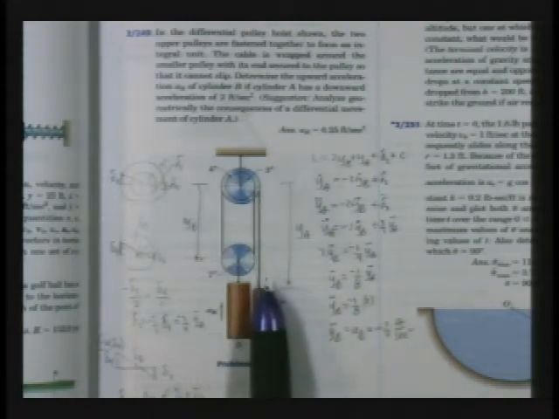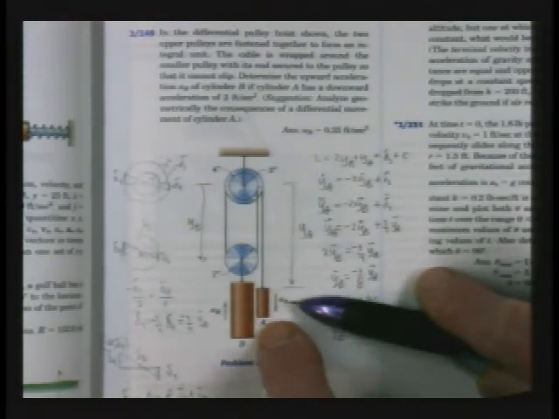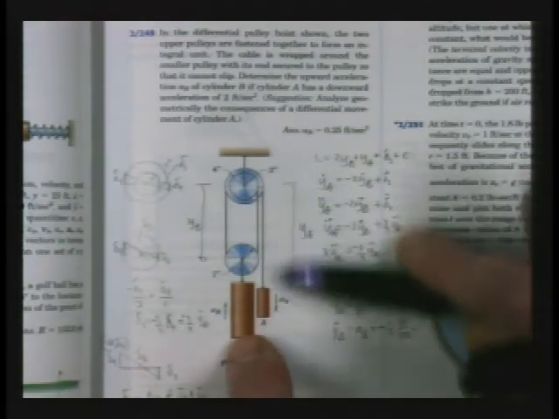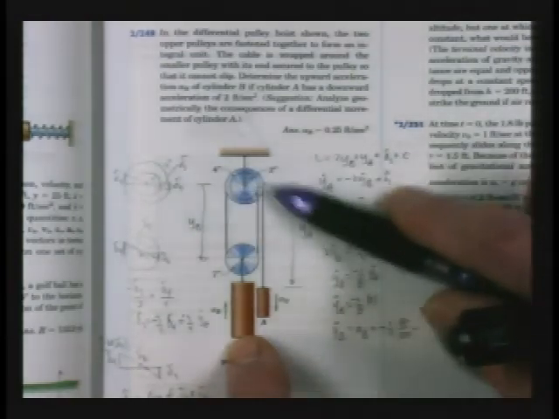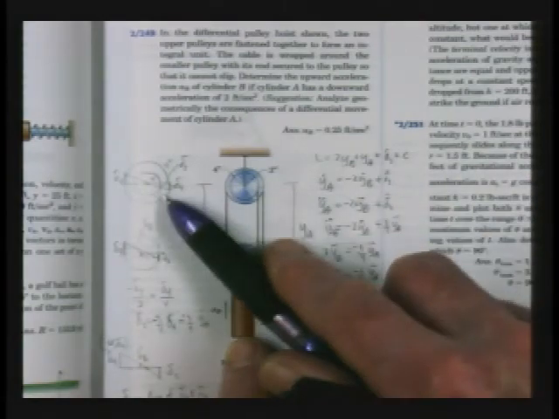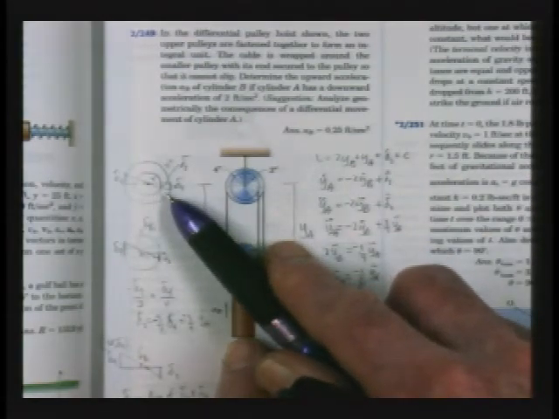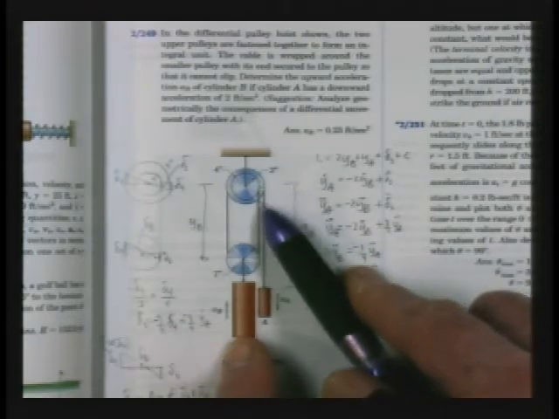If body A pulls downward, as they're showing at least through the accelerations here, then that's going to cause this pulley arrangement at the top to rotate clockwise, as I've illustrated over here on the left. And while it does that, it's going to unwrap a bit of that cable that's up there, and that becomes part of your length.